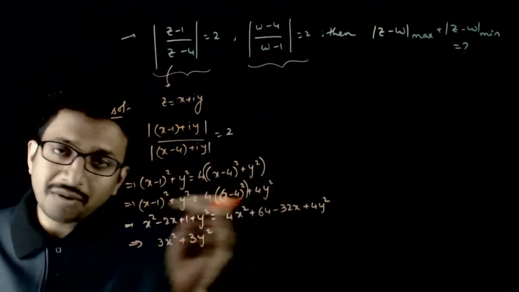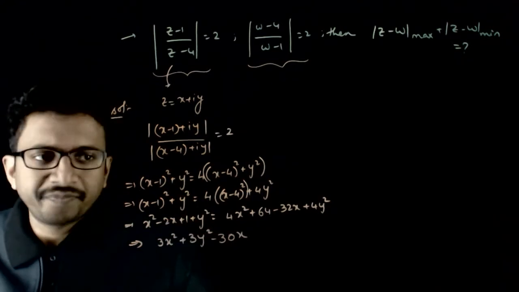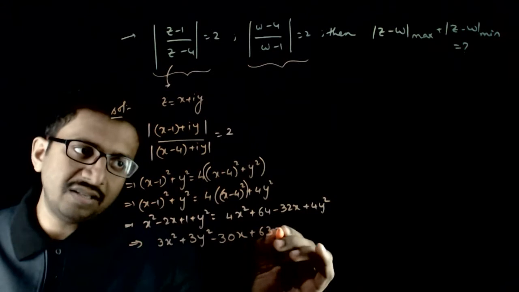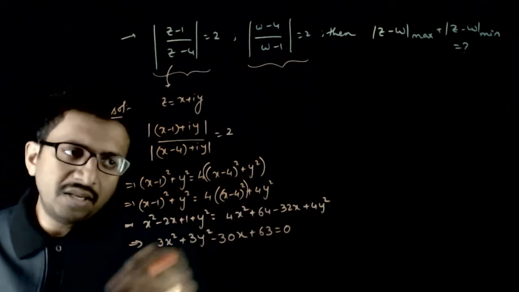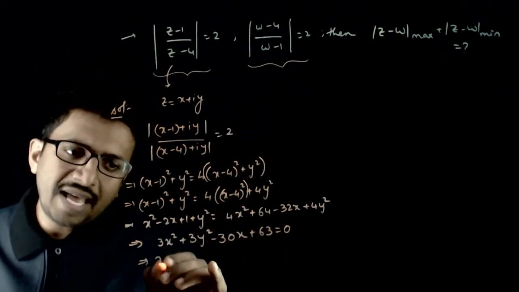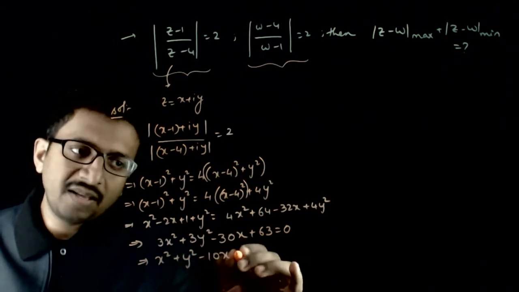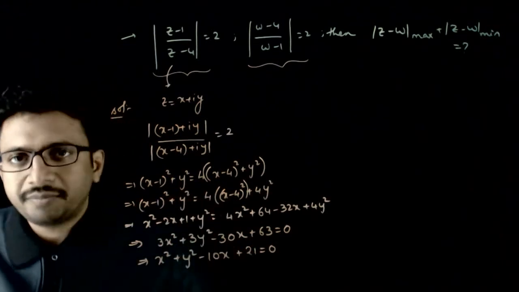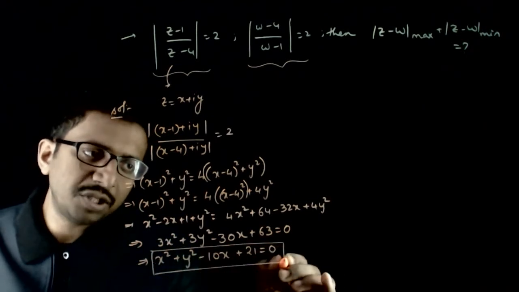Minus 2x goes onto that side and becomes plus 2x, so effectively you get minus 30x, and you have 64 here. If 1 goes onto that side, plus 63 is equal to 0. If you divide this uniformly by 3, you get x square plus y square minus 10x plus 21 is equal to 0. So this is the equation of the locus.